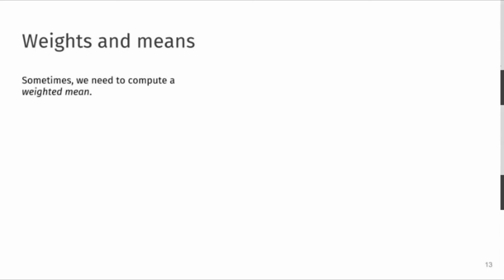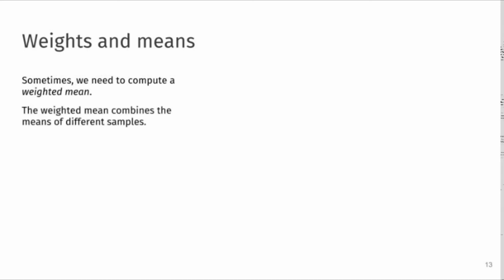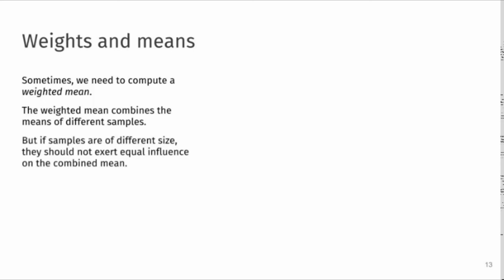A weighted mean is a mean that combines the means of different samples, where the samples used to compute each of those means may have different sizes. So intuitively, you would think that if samples are not of equal size, then they shouldn't exert equal influence when we try to make a combined mean, a weighted mean in this case.